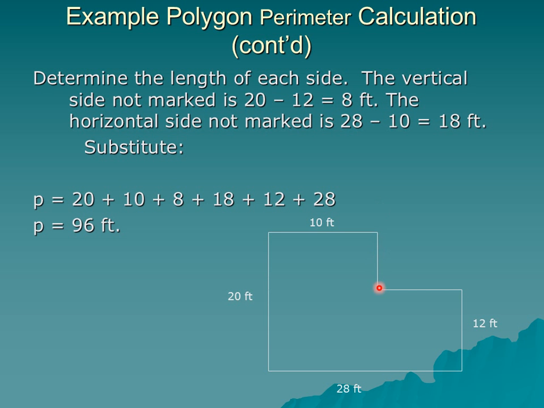But you know the total length from here to here, which is 20 feet, from the information given on the left side. Now, if this is 20 feet from here to here, and this part is 12 feet, the remaining part would be 8 feet.